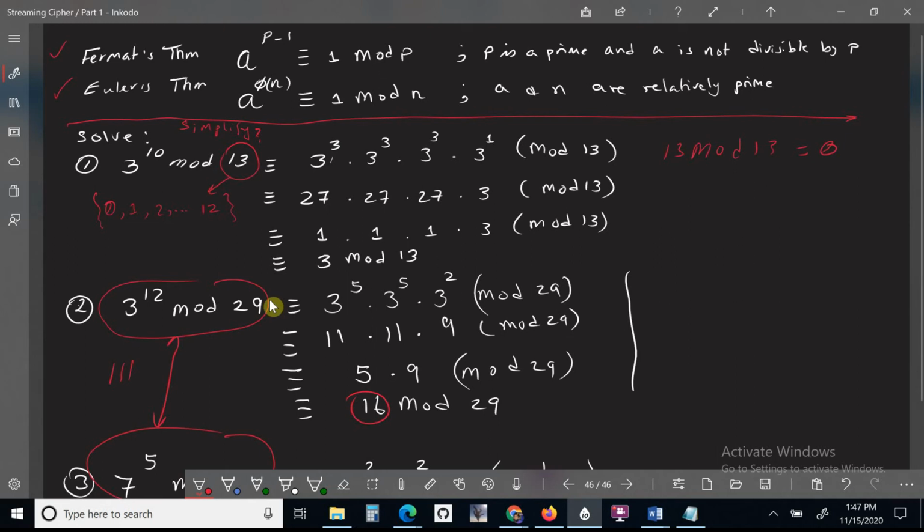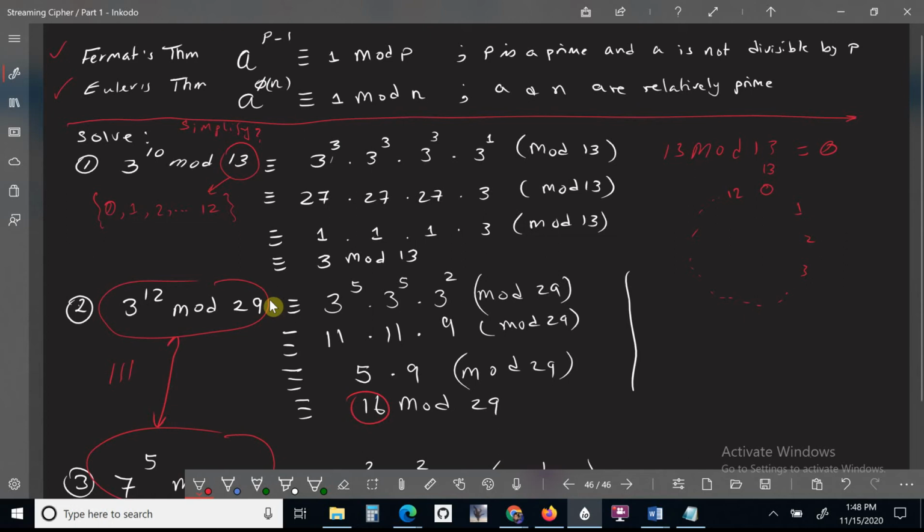Again, we have a set of integers from 0, 1, 2, 3, all the way to 12, and this is the set of integers that represent the modulus 13. Now 13 is equivalent to 0. This is exactly like saying 13 divided by 13 is 1, and the remainder is 0. We already went through this process before.